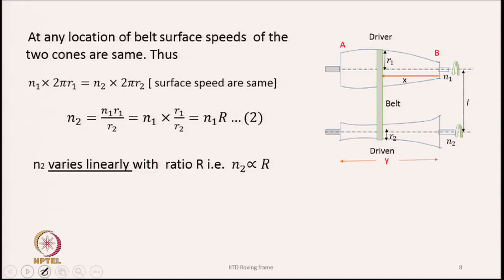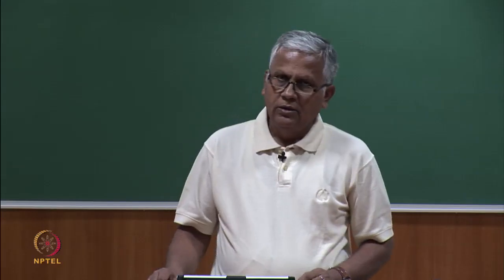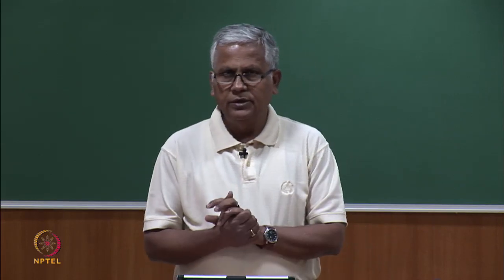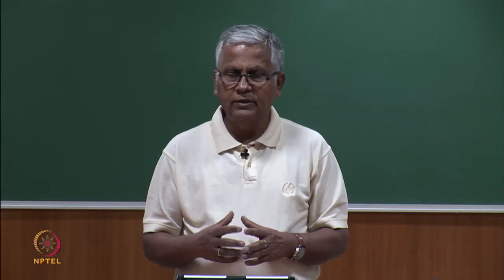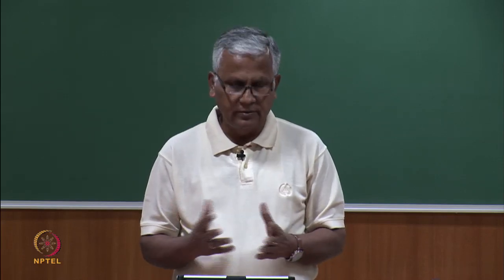At any location of the belt surface, the speeds of the two cones are actually the same, because if I drive it as if there are two pulleys, one at the top, one at the bottom, and these two pulleys are connected by a belt, and the top pulley is driving the bottom one, then the surface speed will be constant.